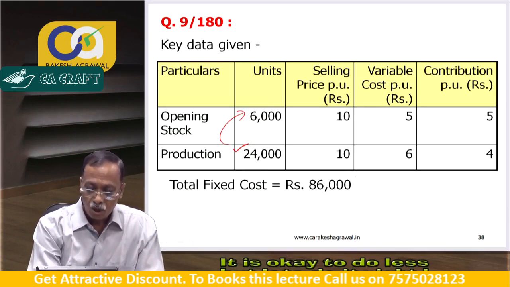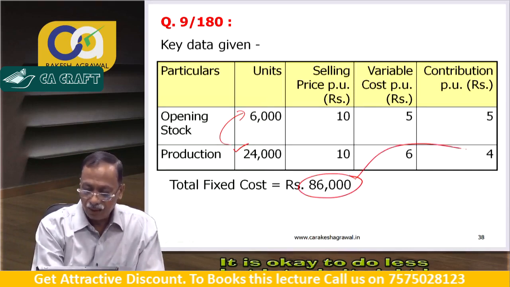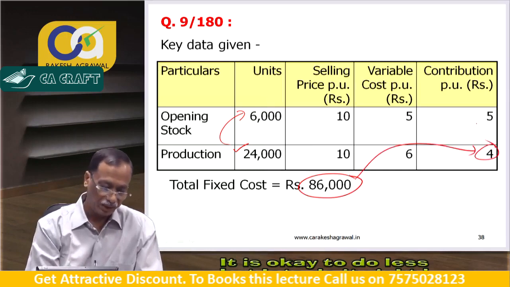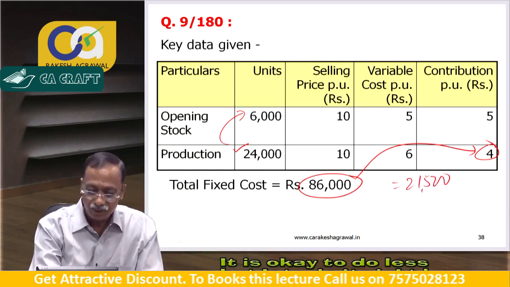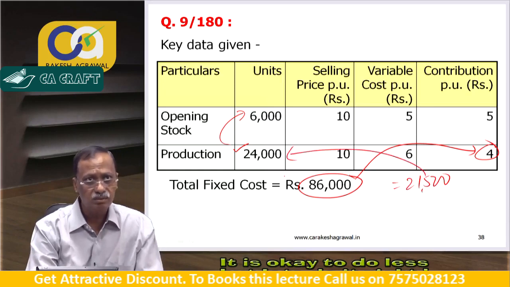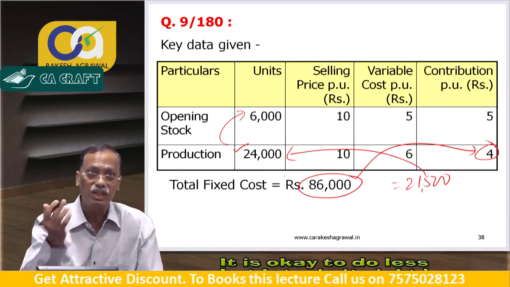Correct? Now my fixed cost is 86,000. 86,000 divided by this 4 rupees contribution. How much I get? 86,000 divided by 4. So it comes to 21,500 units. Can I sell 21,500 units out of 24,000 units? Yes, very easily I can sell 21,500 units out of 24,000 units.